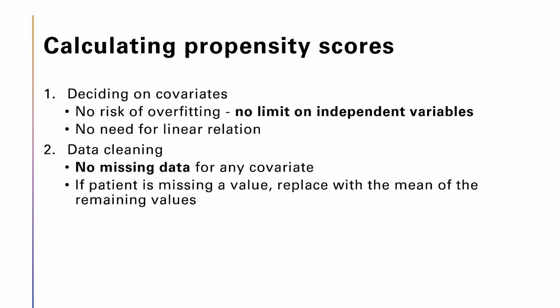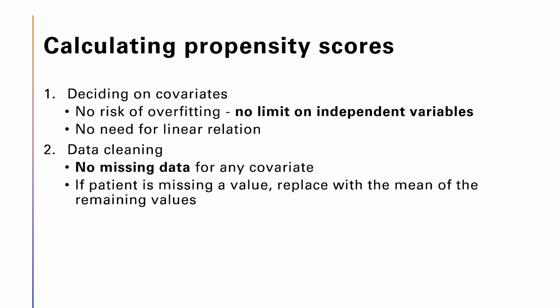Okay, so as the name suggests, for propensity score, we'll be calculating a score and then we further match patients into different cohorts. So the first step in propensity score analysis is deciding the covariates used in the analysis. Compared to multivariate analysis, there's no limit on the number of independent variables used to calculate the propensity score. This is because there's no risk of overfitting the data, and in fact, the aim of propensity score matching is to balance the two groups as closely as possible.